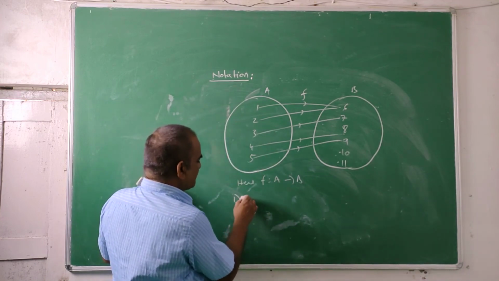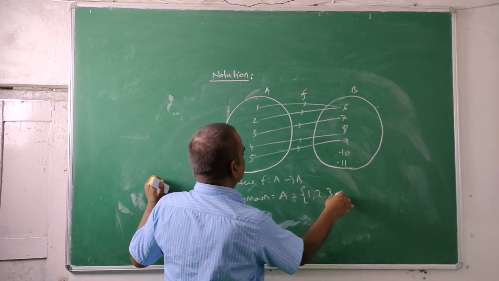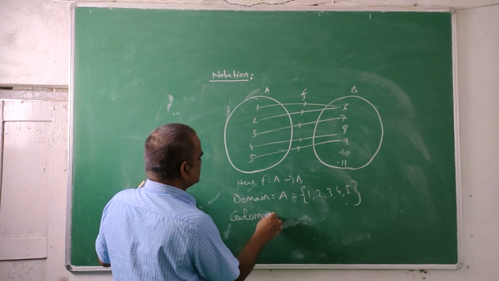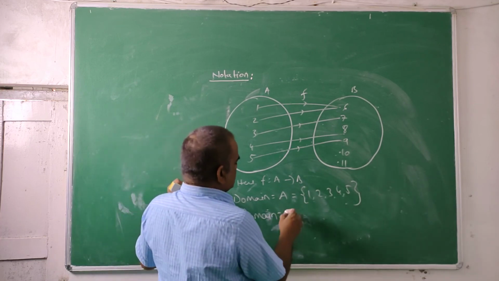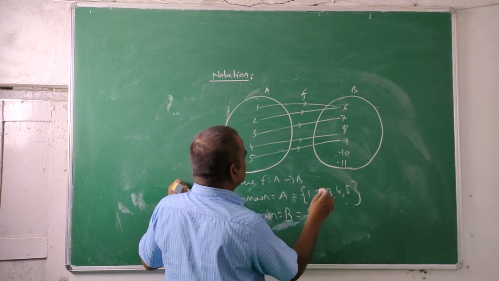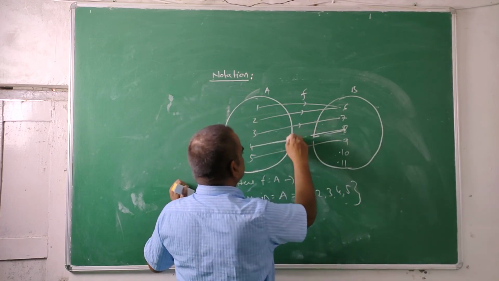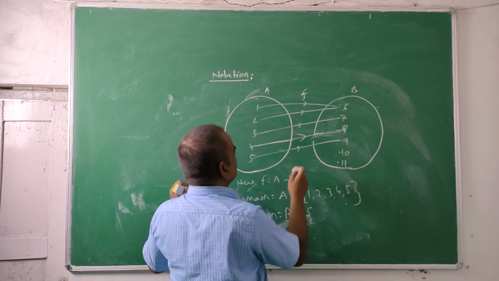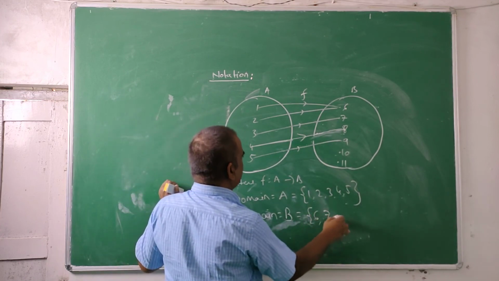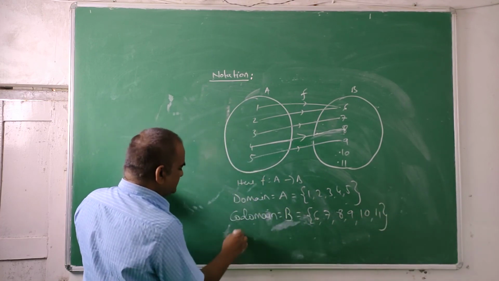So the domain is 1, 2, 3, 4, 5. The codomain is nothing but set B. Codomain B is equal to 6, 7, 8, 9, 10, 11. Now let us write the range.